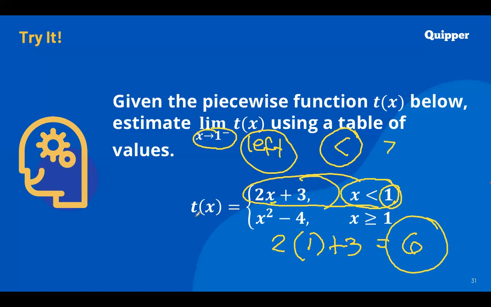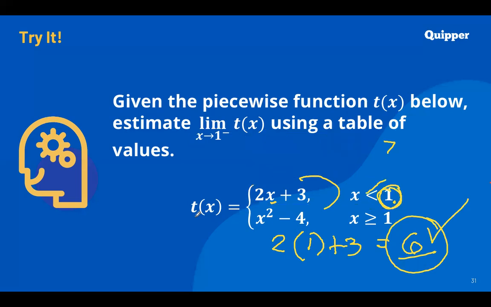So the answer is 6. As simple as that. Left, less than, and then just change the x by this number. So the answer is 6. Easy. Another one. Okay? Kanina medyo marami akong in-explain, pero ang dali lang pala, no?